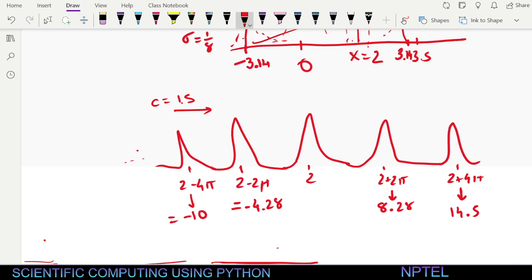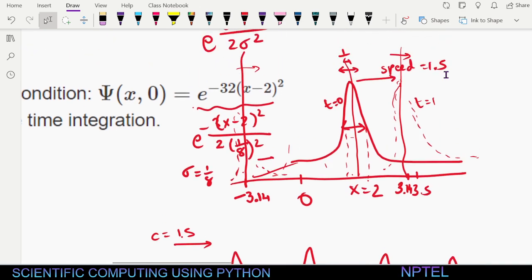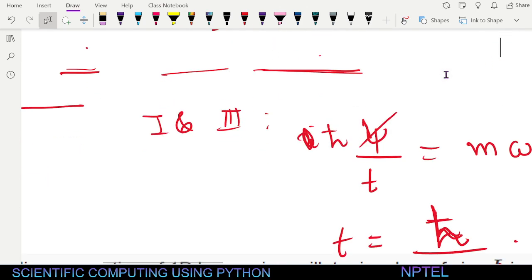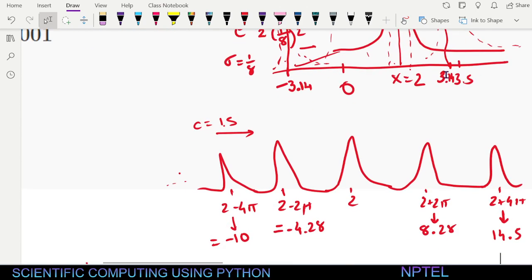Okay, and now we are asking after what time t is equal to 5 and x is 0.6. So after 5 seconds, this shift is c times t, right, is going to be 1.5 times 5, which is 7.5. Okay, so this peak, which was at minus 10, will move to minus 10 plus 7.5, which is minus 2.5.